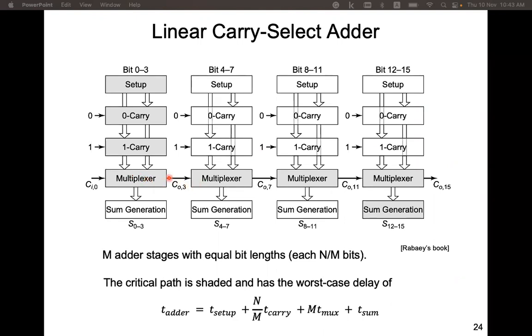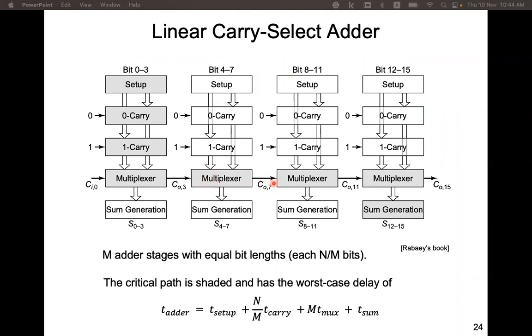This propagates to here, to select the left or right result here. But this result is already available, waiting for the multiplexer to perform the selection. So this part of the circuit is not the critical path. It won't affect the worst case delay. So the critical path is here.